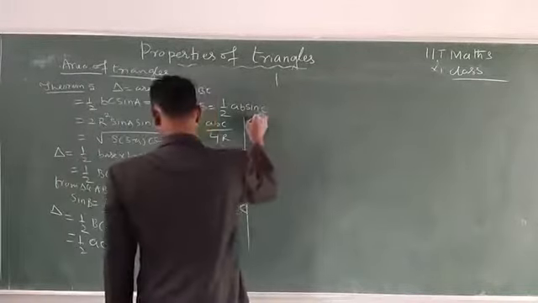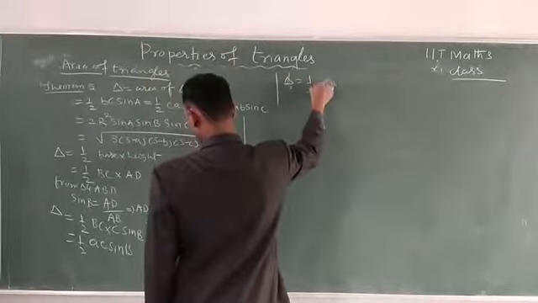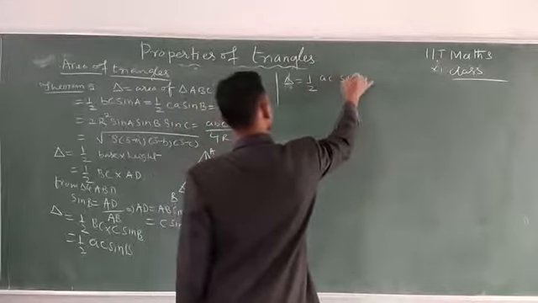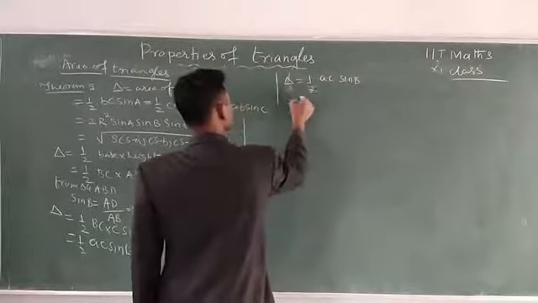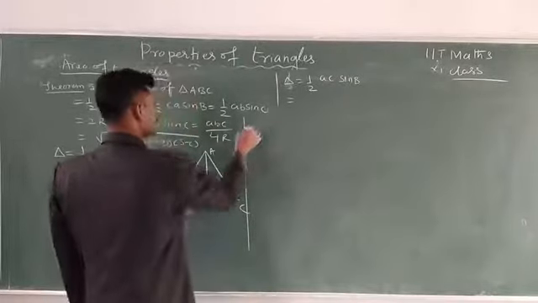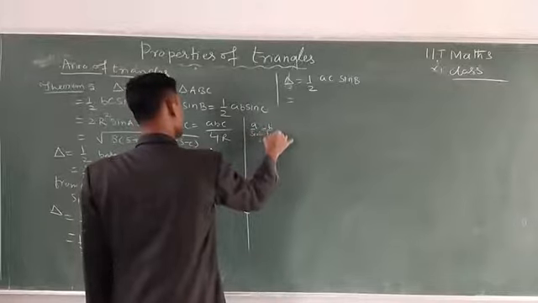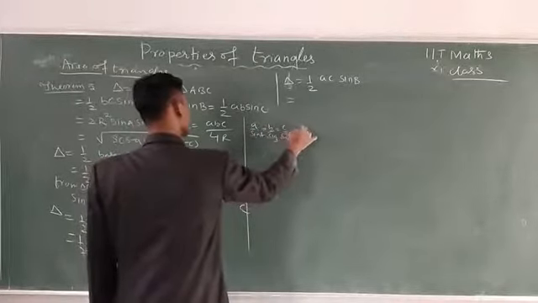Here 1 by 2 delta is equal to 1 by 2 AC into sin B. Now see here. Actually, the sine rule we know: A by sin A is equal to B by sin B is equal to C by sin C is equal to 2R.